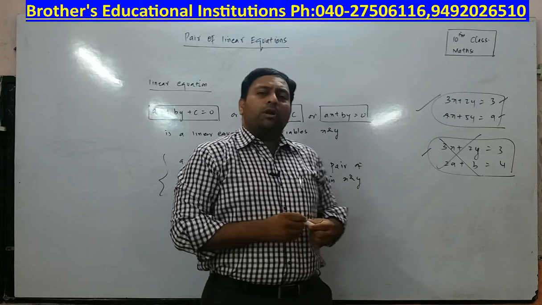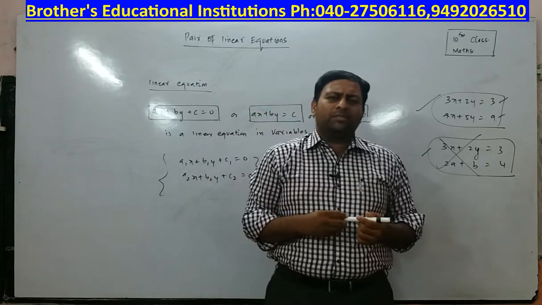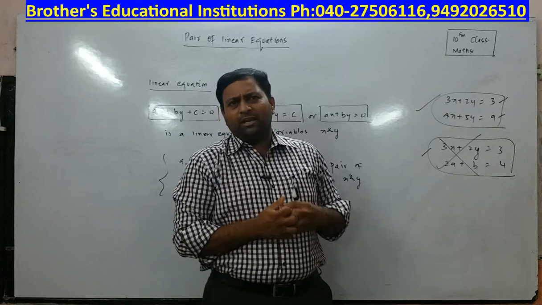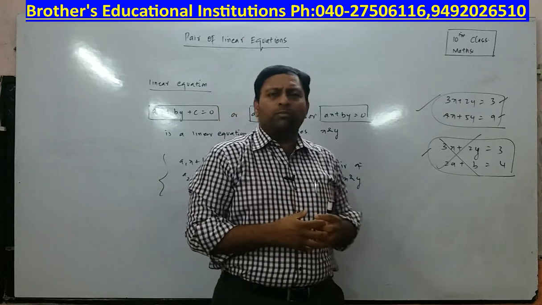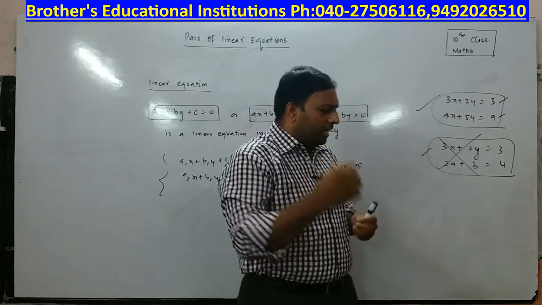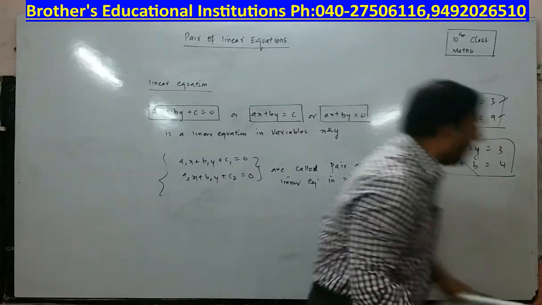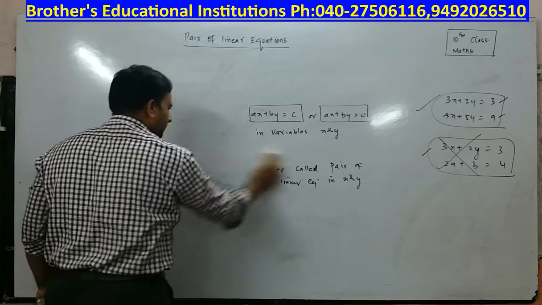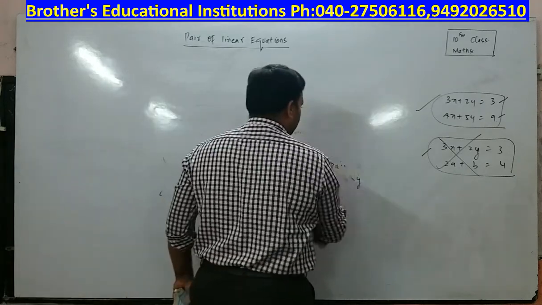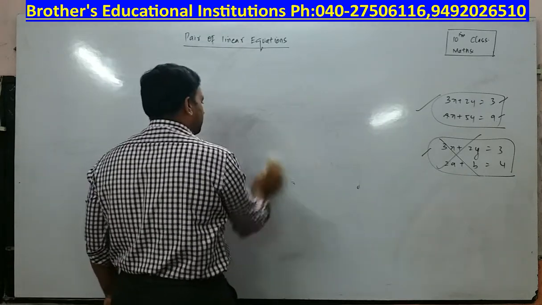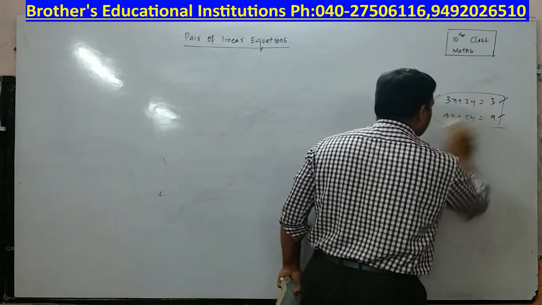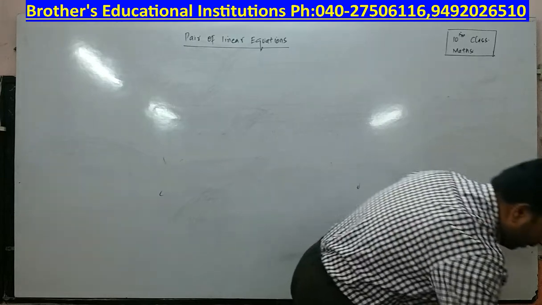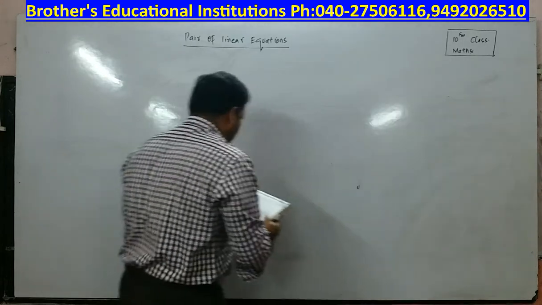Now today we will try to do a few numerical problems based on pair of linear equations, which will give you more grip on the topic. Alright, let us move forward. Let us take a numerical involving two variables.